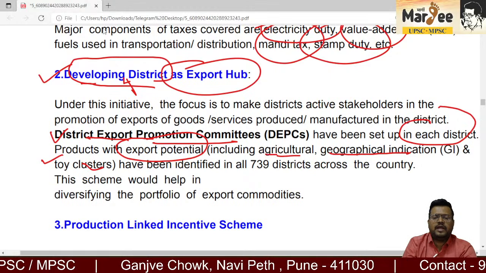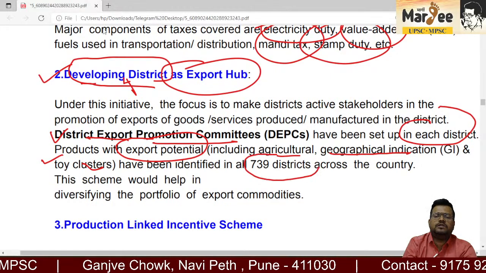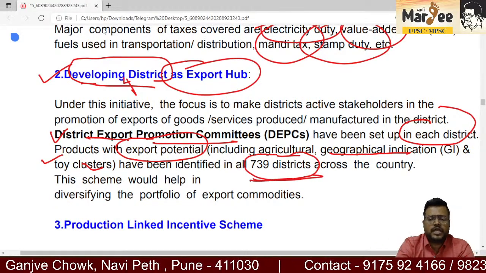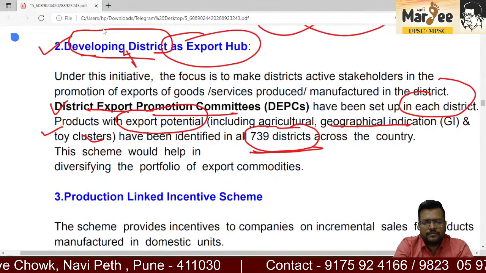So it has been set up in all 739 districts across the country.